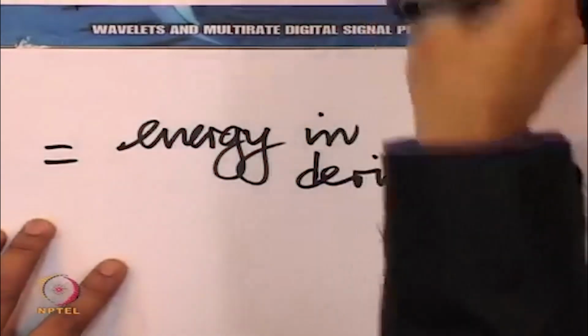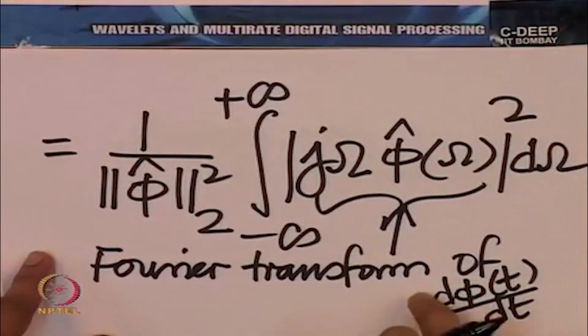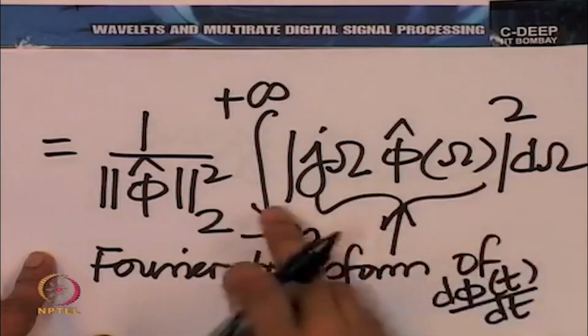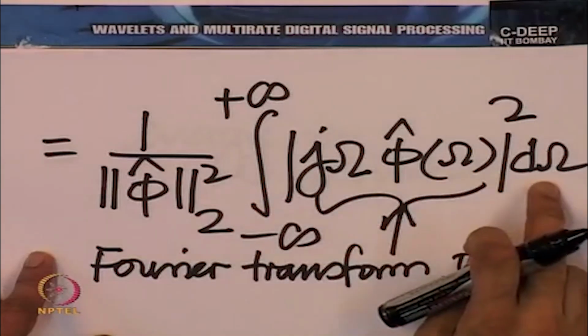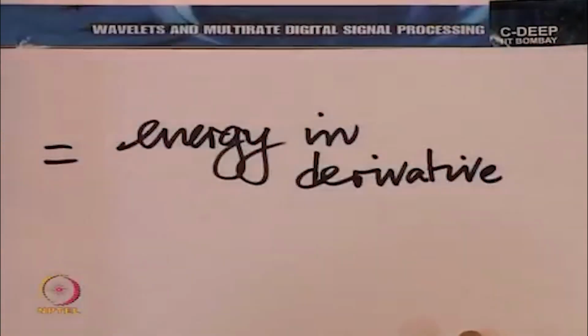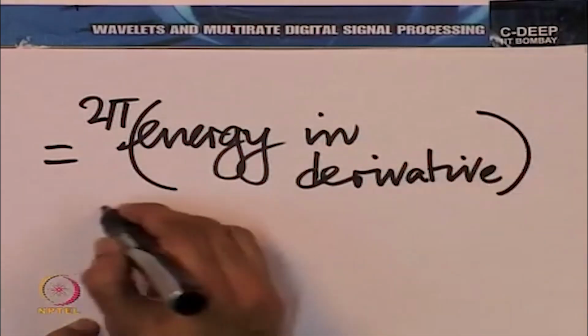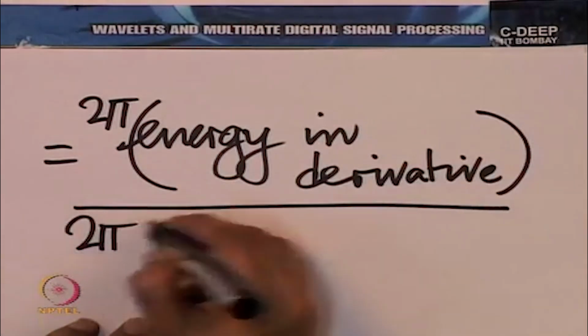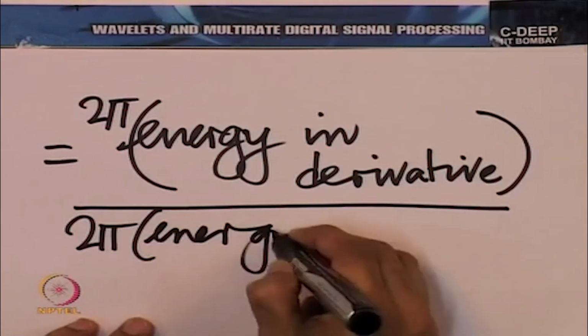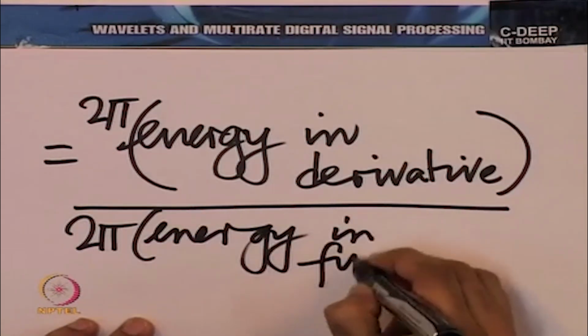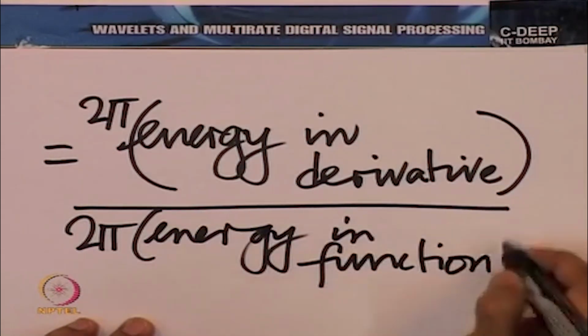Of course, remember you would have a factor of 2 pi there, because this is the energy in the derivative, but for a factor of 2 pi. So, this would be 2 pi times the energy in the derivative divided by 2 pi times the energy in the function.